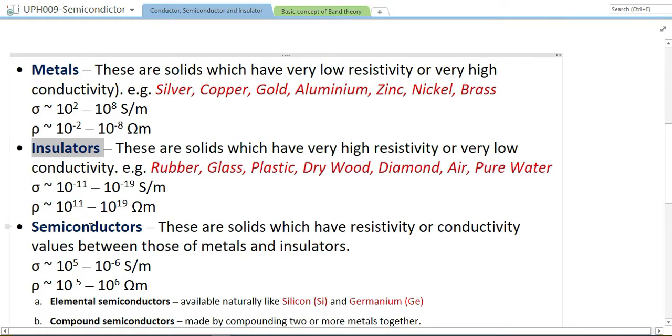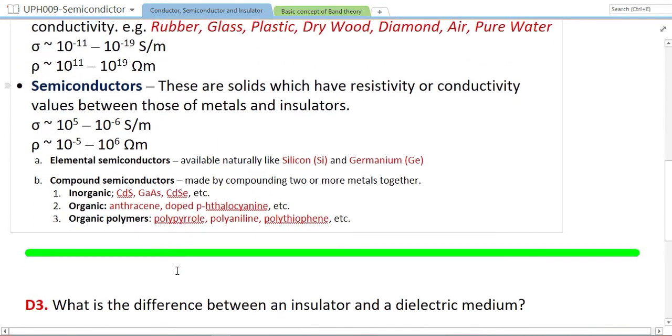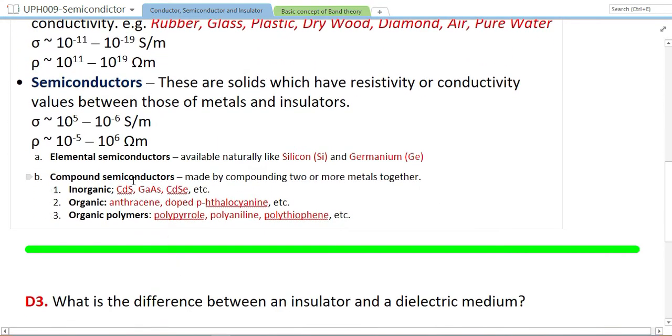Then the semiconductors, there are examples of elemental semiconductor materials like silicon and germanium, and there are some compound semiconductors too, and you can get inorganic to organic polymers. So very, very large classes of different types of material.